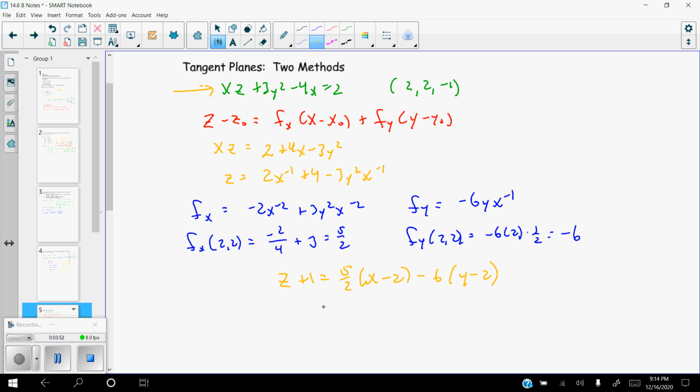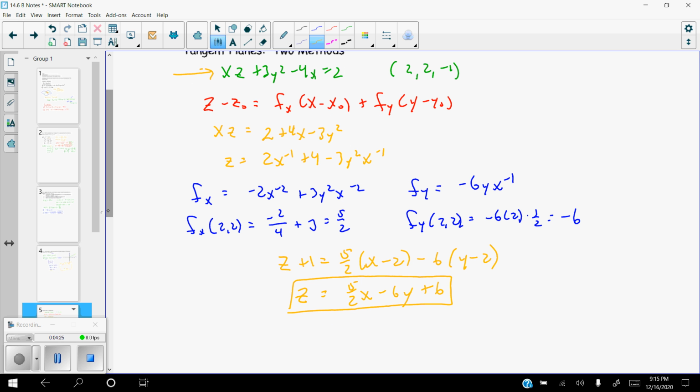So we're going to get 5 halves x minus 6y. The 5 halves times the negative 2 is negative 5, plus 12 on the right is going to be 7, but I have to subtract 1 on both sides, so we're going to get plus 6. So that would be the equation of the tangent plane.